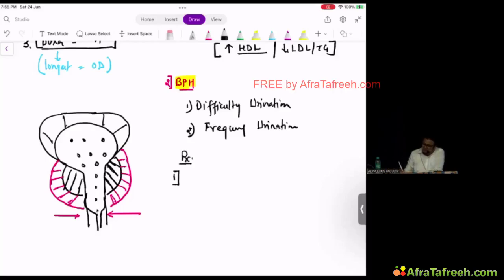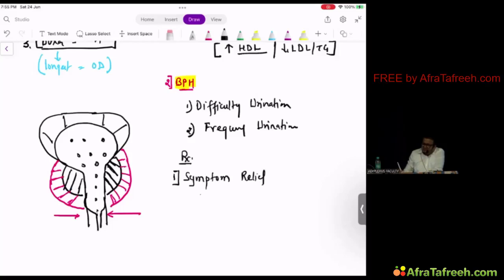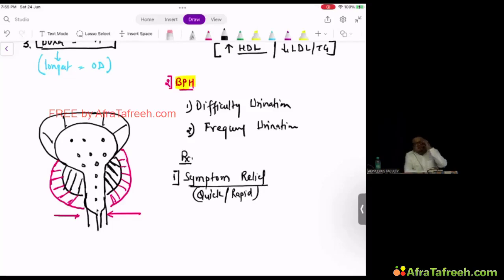So first thing is, forget the prostate, look for symptom relief. The patient wants very quick or rapid symptom relief. Just imagine the pain that will happen once your bladder is completely filled with urine and you are unable to pass urine.